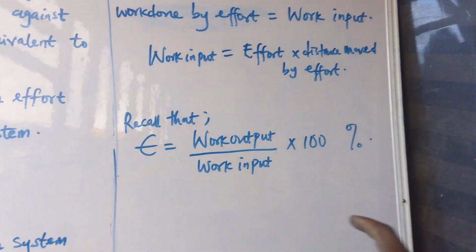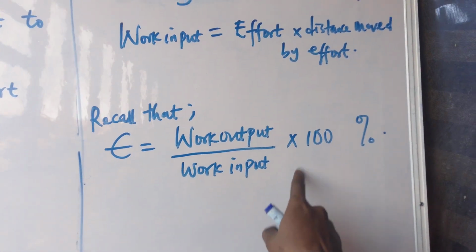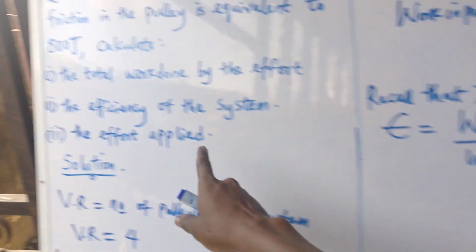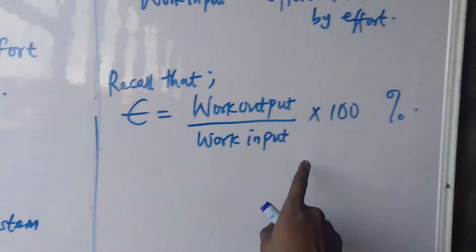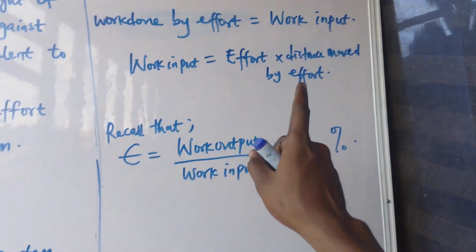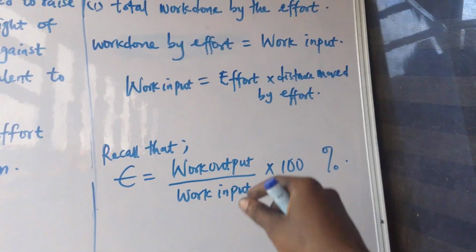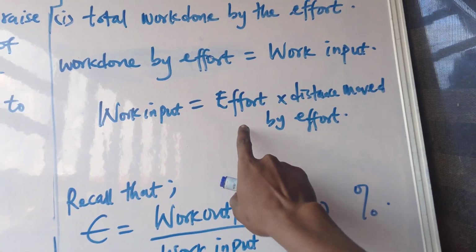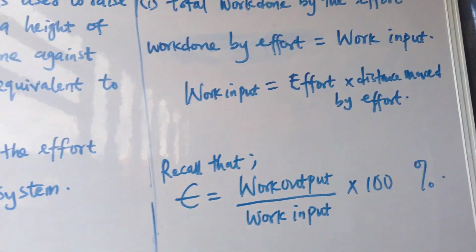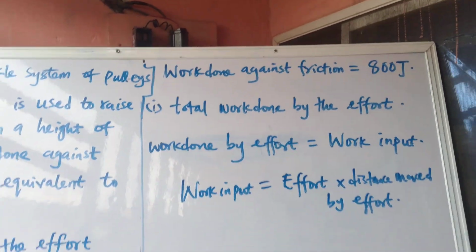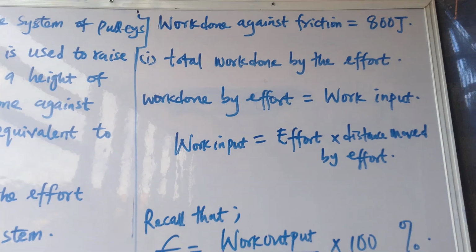So we'll be making use of this second formula to find the efficiency, that is in Roman figure 2, the efficiency of the system. Then to find the work input, this one can be used when you have the effort and the distance moved by effort.